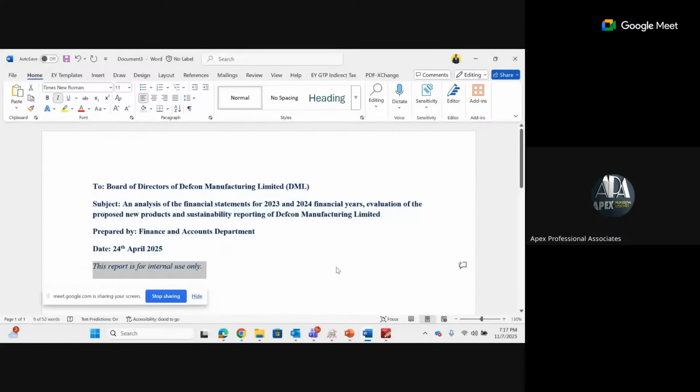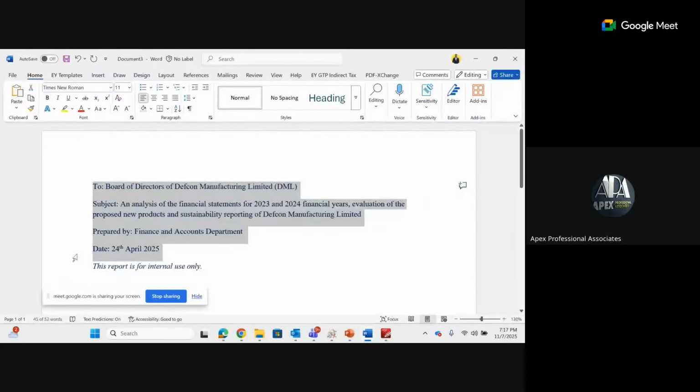So this report is for internal use only. So you are done with your cover page, page 1. And according to the examiner, that is the only information he wants to see on your cover page, which is page 1. Do you understand? That is the only thing he wants to see.